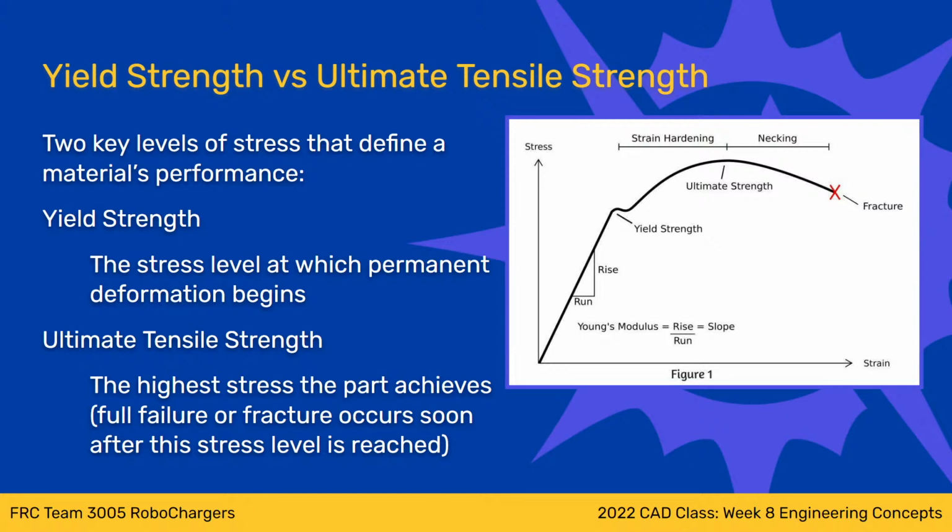So basically the yield strength is the stress level below which a material will return to its original shape. But if you apply a stress that exceeds the yield strength of the material, you will see permanent deformation in the material.